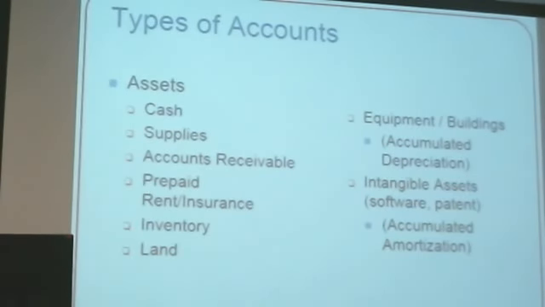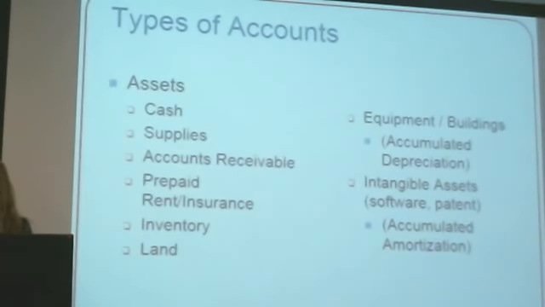So accumulated depreciation is associated with equipment, buildings, vehicles, machines, whatever it is, tangible, and your amortization is associated with your intangible. We talked about software, patents. We didn't really talk about patents, but it's an intangible asset. The logo, trademarks. Yes. Those are both credited, right? Yep. So a contra asset account increases with a credit rather than a debit.